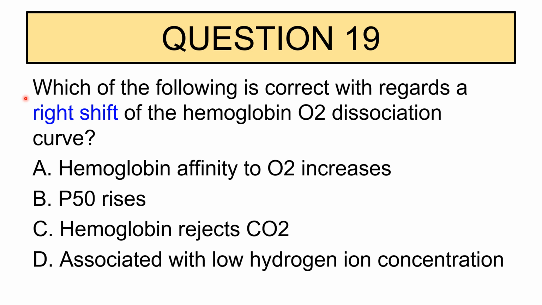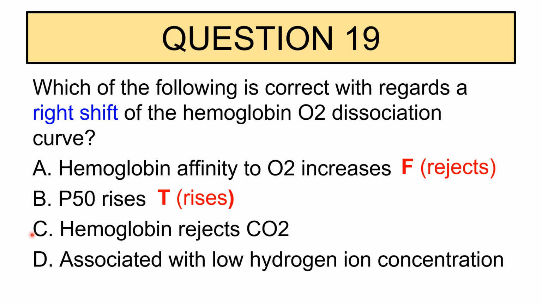It reads, which of the following is correct with regards to the right shift of the hemoglobin O2 dissociation curve? The hemoglobin affinity to the O2 increases. Actually, if there's a right shift, the hemoglobin is rejecting oxygen, that's false. A right shift is associated with a rise in your P50. That's the correct answer. Hemoglobin rejects CO2?